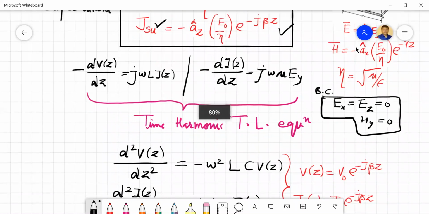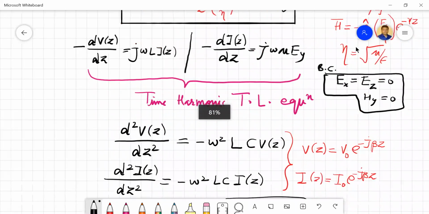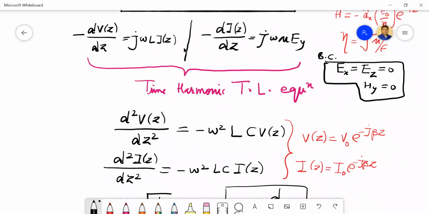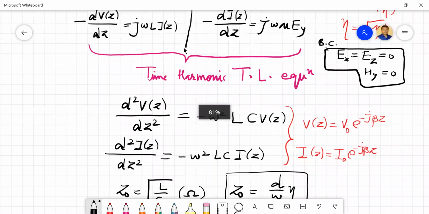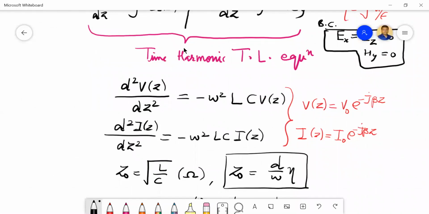Then what we found is that these equations are coupled equations. Why am I saying coupled equations? Because there are two parameters, correct? Now we need to decouple them. So how will we do it? We have to again differentiate with respect to z. If you do so, you can write two very important equations.